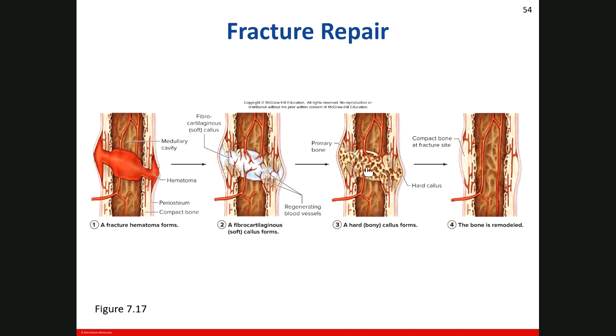Look at here, first we have bone here, but the osteoclasts come and remove all of this bony material. Compact bone replaces primary bone, and the fracture usually leaves a slight thickening of the bone, as we can indicate by X-ray. However, in some instances, healing occurs with no persistent obvious thickening.